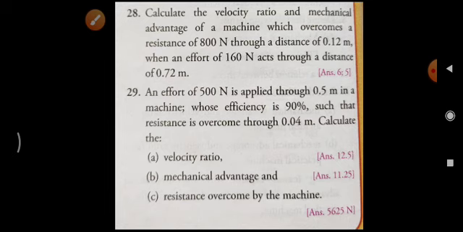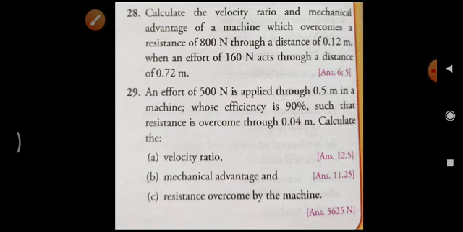So, mechanical advantage is equal to eta into velocity ratio, that is efficiency into velocity ratio. Then mechanical advantage is equal to 90% it is given, so 90 divided by 100 into velocity ratio, that is 12.5. After solving that one, we will get 11.25.